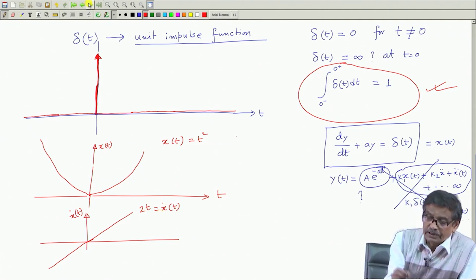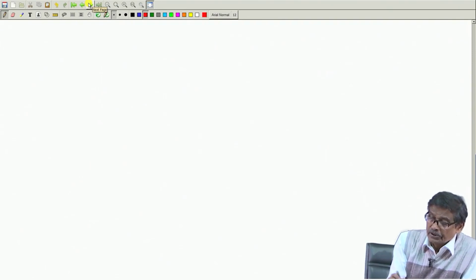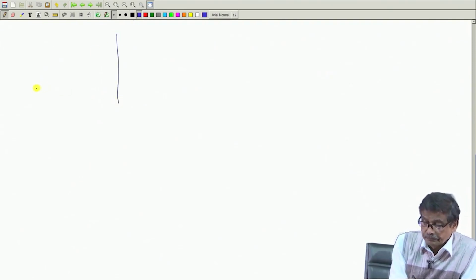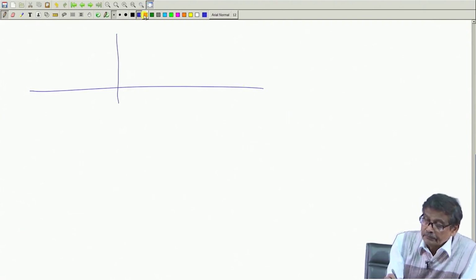Next, I will pose another problem. Suppose you have a unit step function, for example.